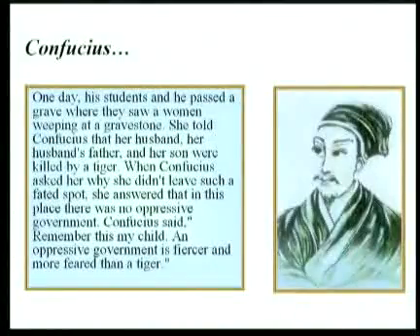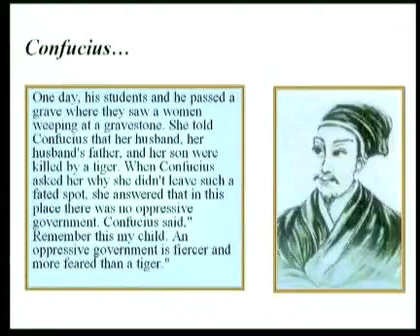Now a word here, which makes the point I was just trying to make. This is one of the more famous parables that Confucius used to talk with his disciples about. One day, his students and he passed a grave where they saw a woman weeping at a gravestone.